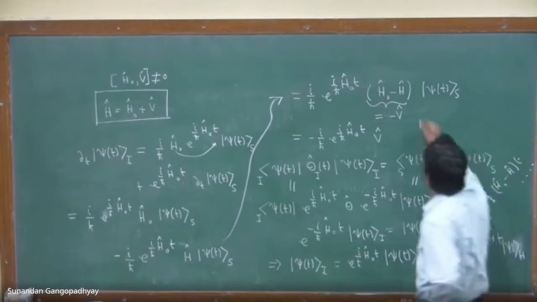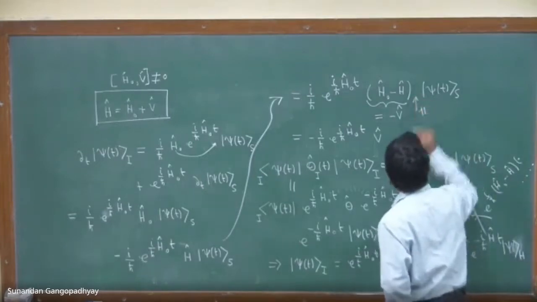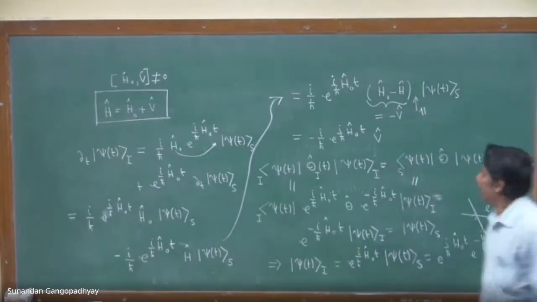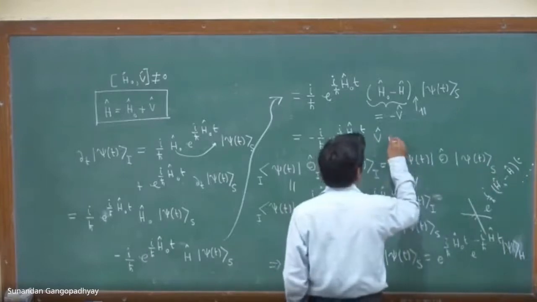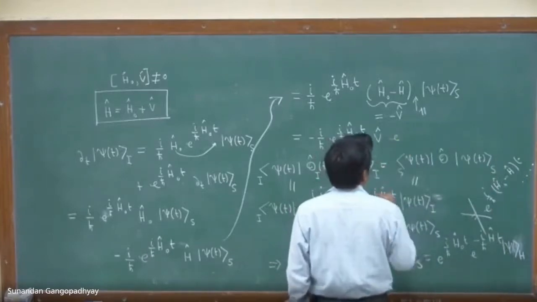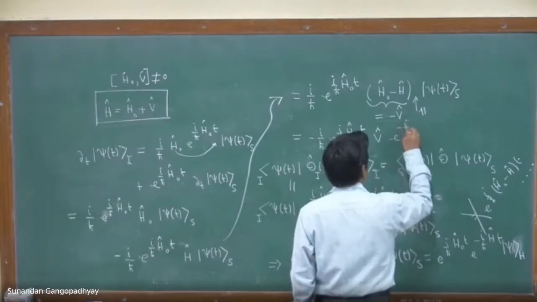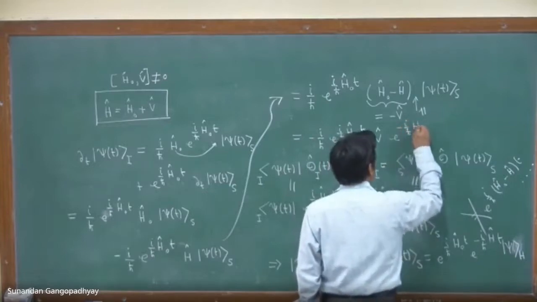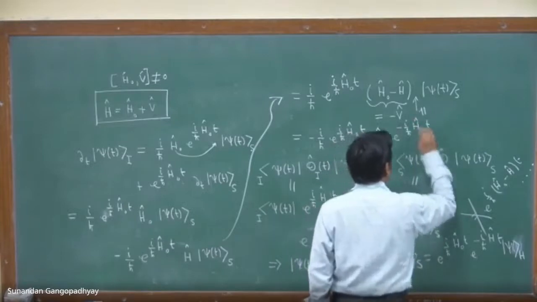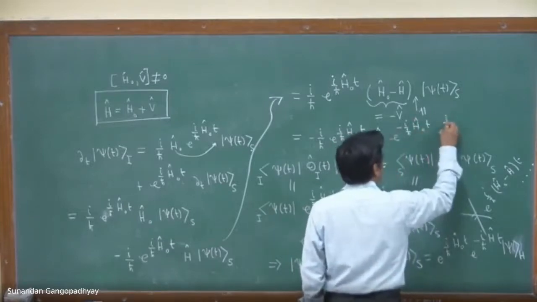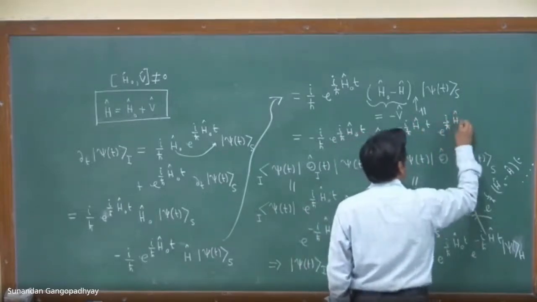Now what we shall do is insert an identity operator here at this point. And what will that identity operator be? That identity operator will be e to the power of minus i by H bar H hat naught t. Therefore, I have to just write another thing like this.